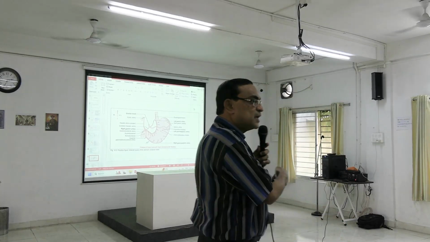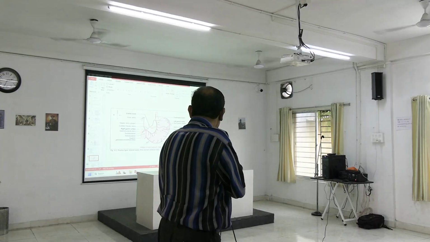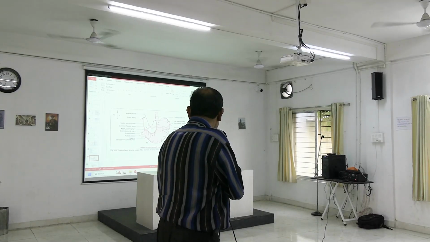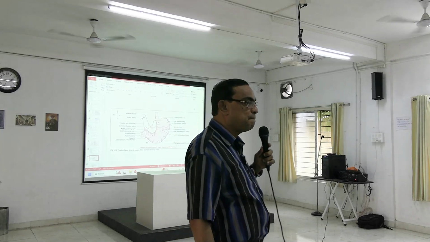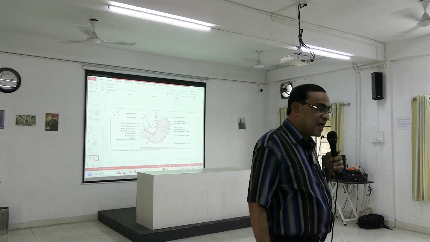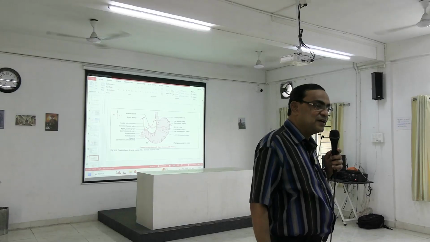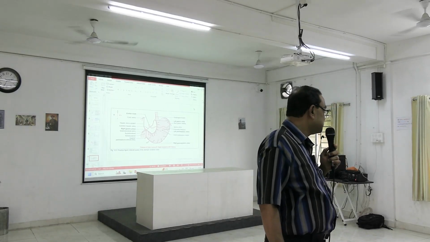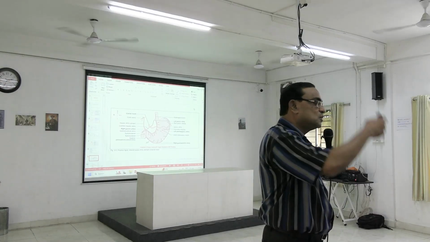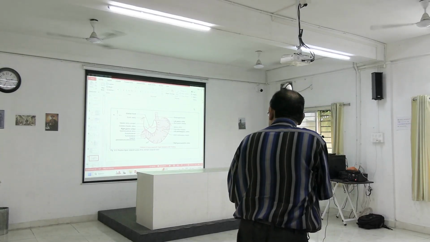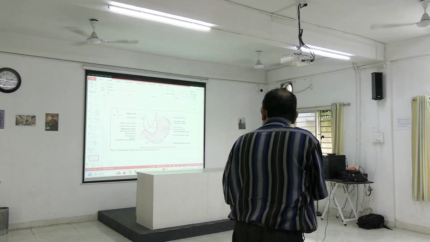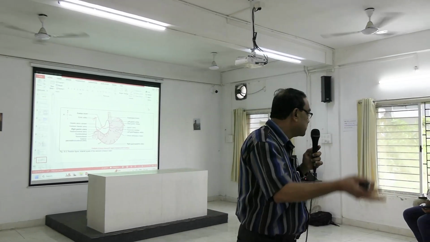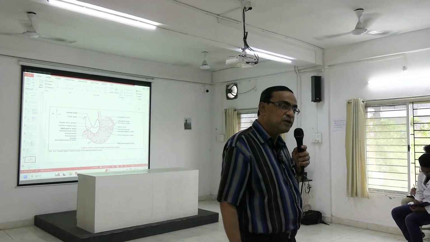That branch passes behind the first part of the duodenum, and that artery most often gets affected in duodenal ulcer. Peptic ulcer means an ulcer within the stomach or the duodenum, and there are two types, gastric ulcer and duodenal ulcer.